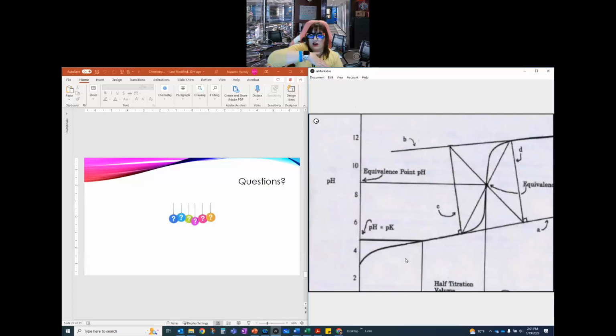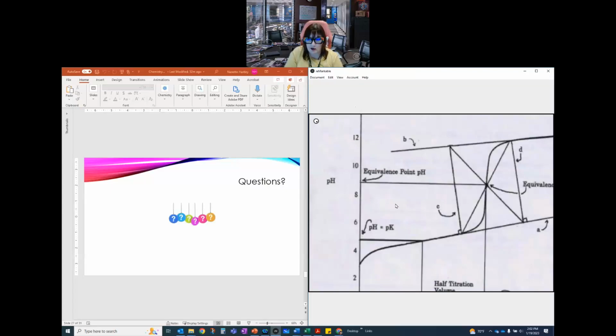So extend that flat line from the bottom and extend the flat line from the top part, and then draw a rectangular box there where the center is at the equivalence point. And this point right here, where you're halfway between the beginning and your equivalence point, your pH equals your pKa there.